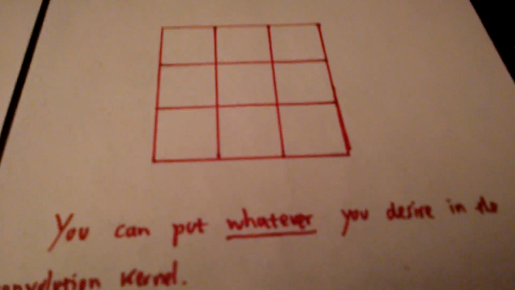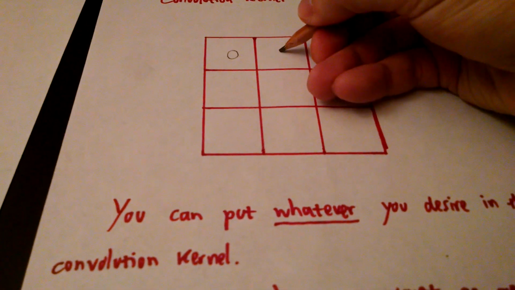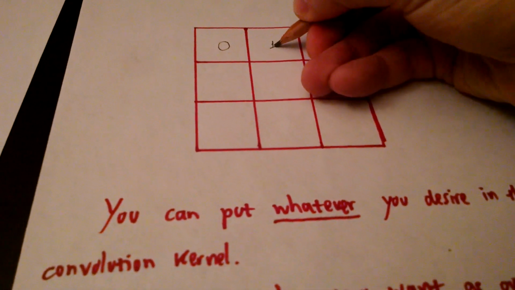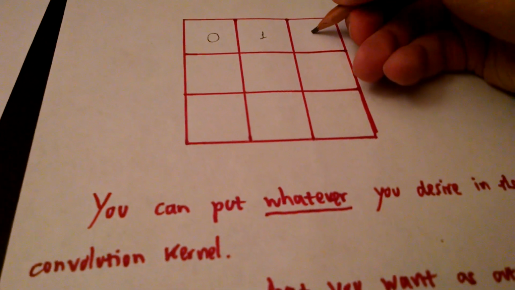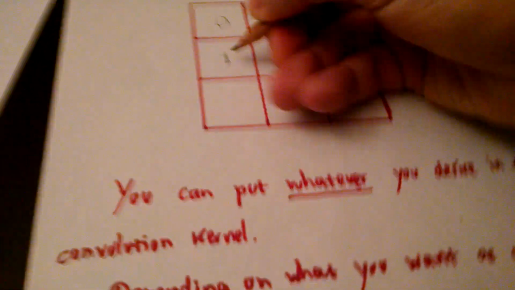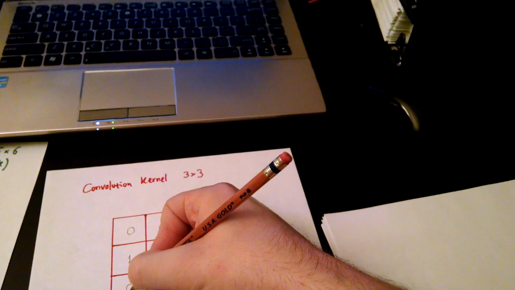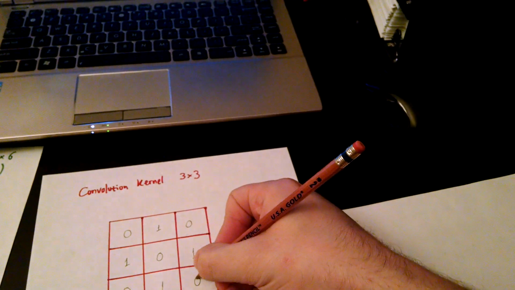Let's say we pick something easy. Let me organize this real quick so I can write. Here we pick 0, here 1, here 0, here 1, 0, 1, 0, 1, 0.